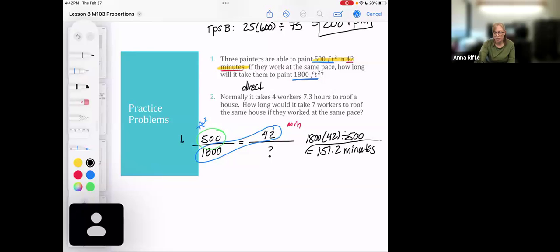Looks like. Which makes sense. Originally, the 500 square feet took them 42 minutes. So it makes sense that more area would take more minutes. And we did get a larger number, 151.2 minutes.